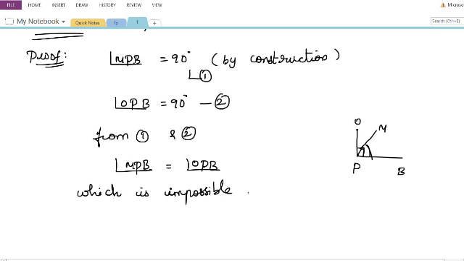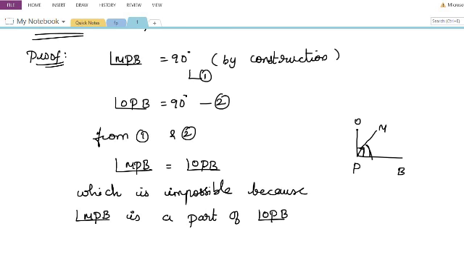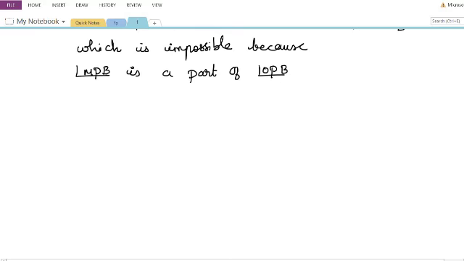because angle MPB is a part of angle OPB. Then when will this happen? This will happen only if OP and OM coincide.